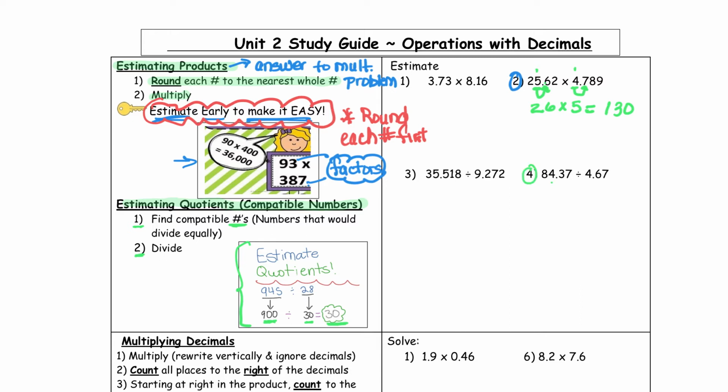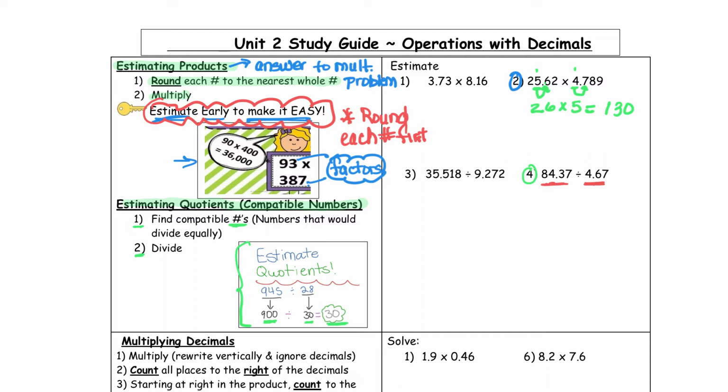For problem number 4, there are a few ways we could go. 84 and 37 hundredths, and then we have 4 and 67 hundredths. Well, remember, we want these two numbers to be compatible, so we want to look at numbers that would go into each other evenly. So in other words, 84 and 37 hundredths would be divided by 4 and 67 hundredths, but if I'm estimating, I look at these numbers and what's closest.